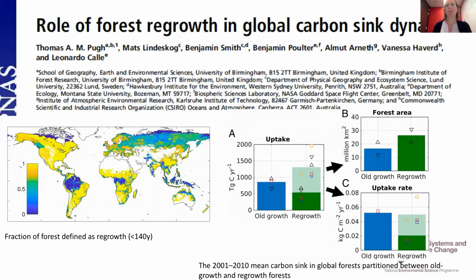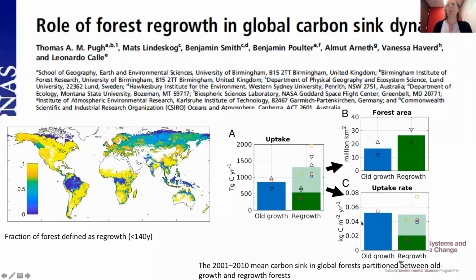And what we found is that old growth forests, as they were defined here, which are forests that are greater than 140 years old, occupy a smaller area than the regrowth forests.